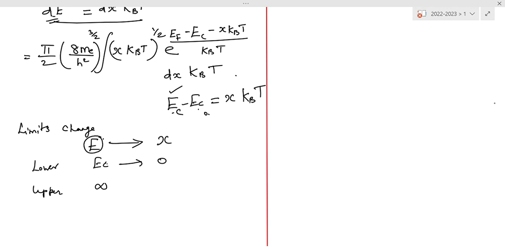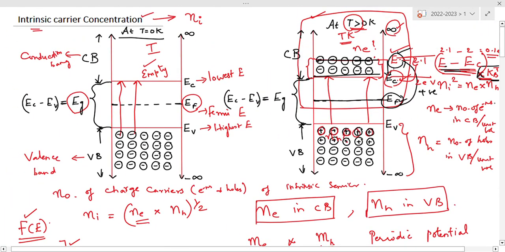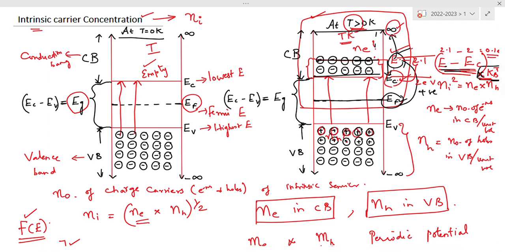Now, applying the upper limit infinity in this equation. Previously, E is in the position of EC. Now, if E is in the position of infinity, look at this, infinity is the highest energy level here. If E is in the position of infinity, then fully it will be filled. Therefore, still it becomes infinity because EC is the lower energy level.